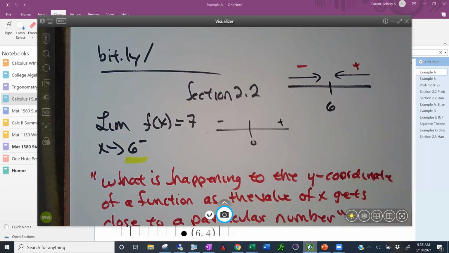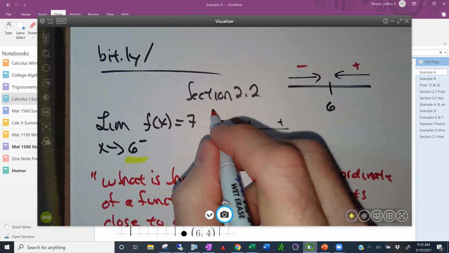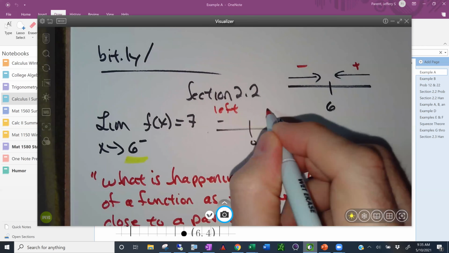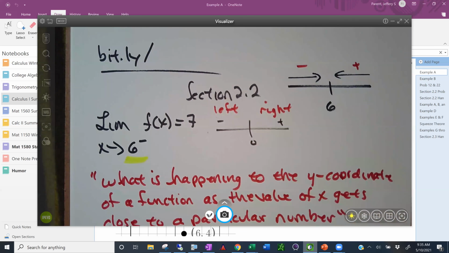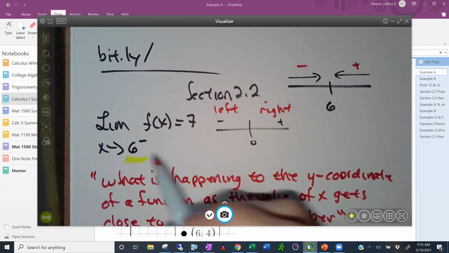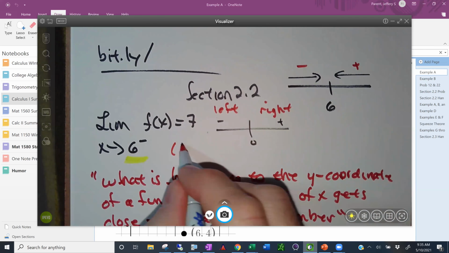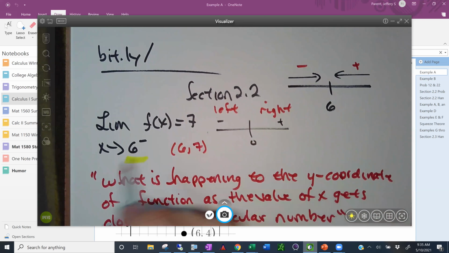So I'll often say the limit from the left or the limit from the right. As you approach 6 from the left, our function goes to 7. That gives you an x and y coordinate pair. It's the point 6, 7. That's where the graph should get close to.